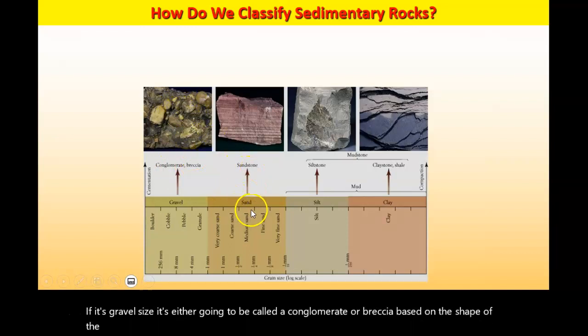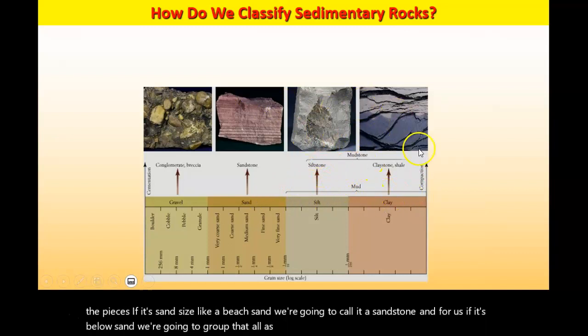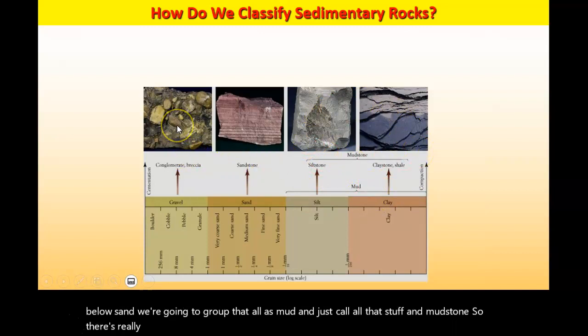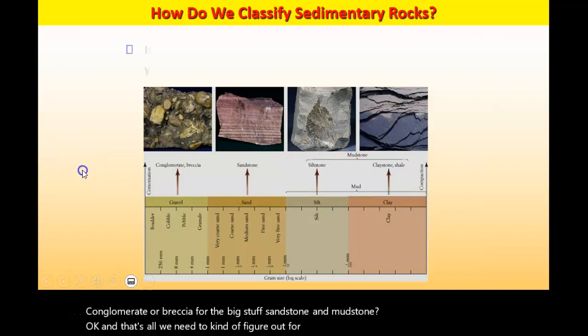If it's sand size, like a beach sand, we're going to call it a sandstone. And for us, if it's below sand, we're going to group that all as mud and just call all that stuff a mudstone. So there's really just four: conglomerate or breccia for the big stuff, sandstone, and mudstone. Okay, and that's all we need to kind of figure out for our sedimentary rocks that are made of pieces.